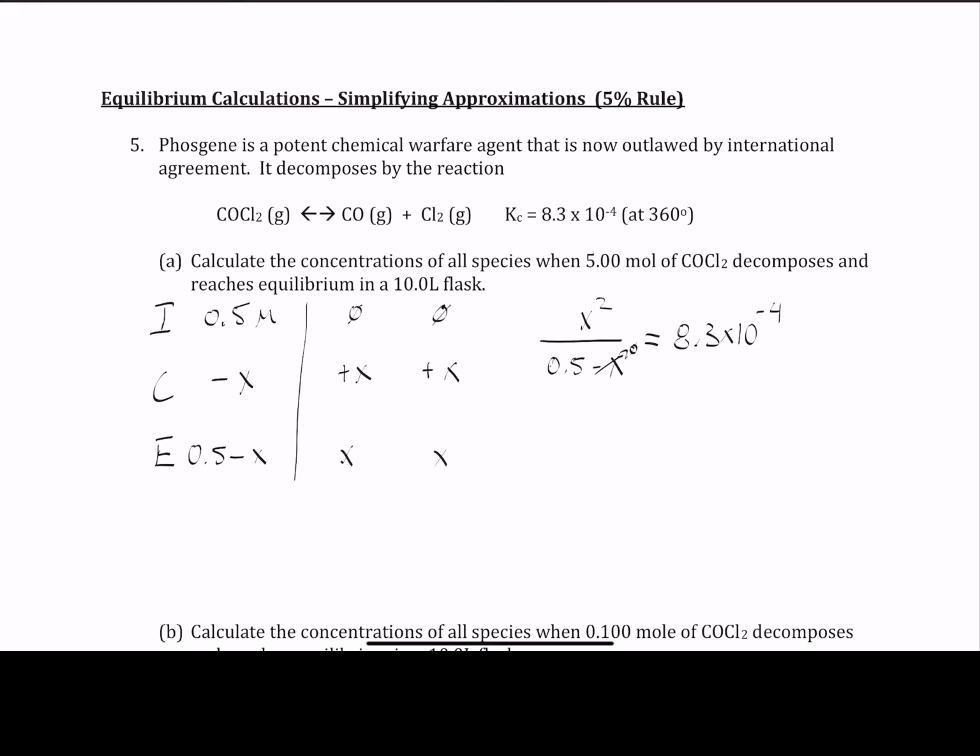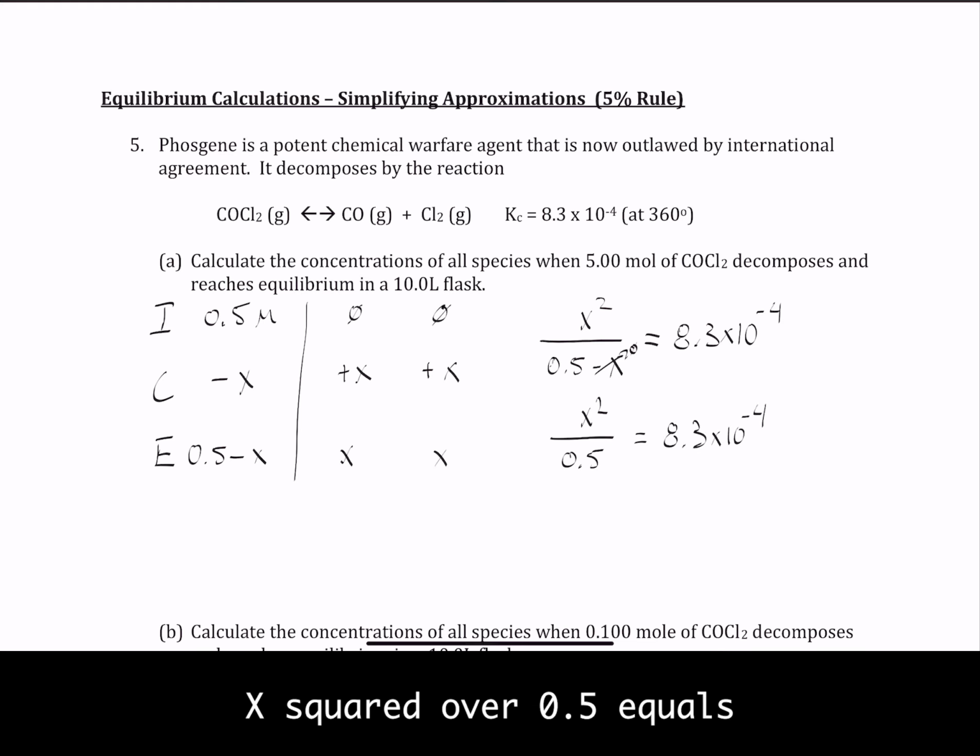And then we can solve this as the simpler x squared over 0.5 equals 8.3 times 10 to the negative 4.